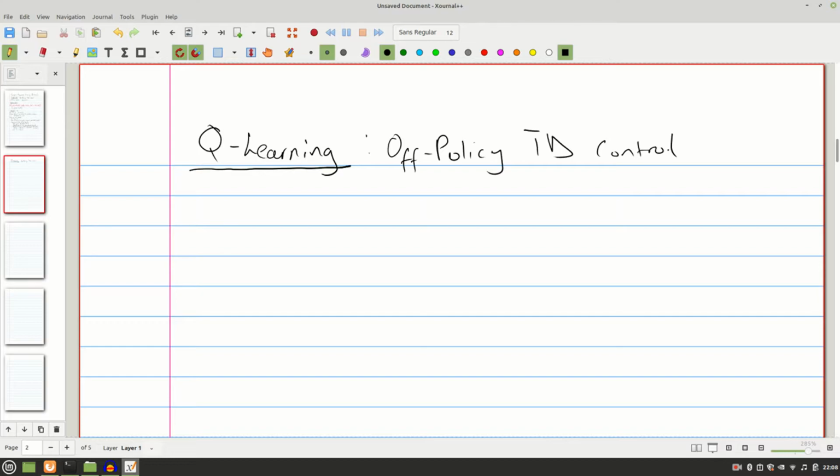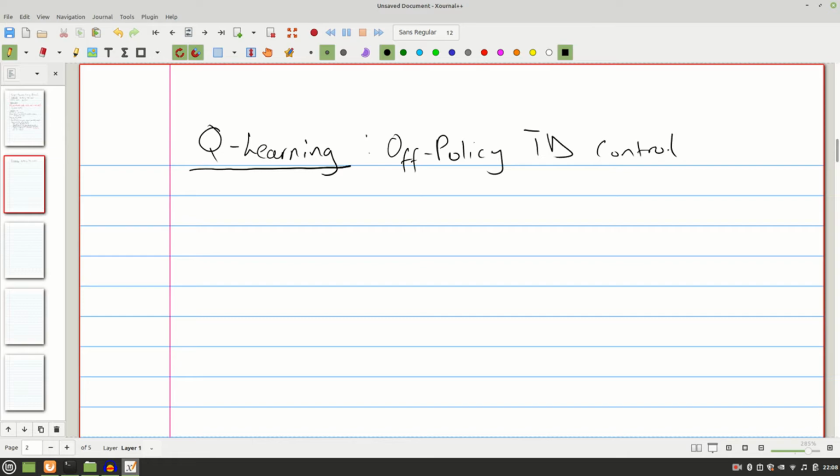If you remember from our previous lecture, you should get the intuition that the target and the behavior policies are going to be different in this case. This algorithm was one of the early breakthroughs, and it's used quite a bit in practice because it's very successful.